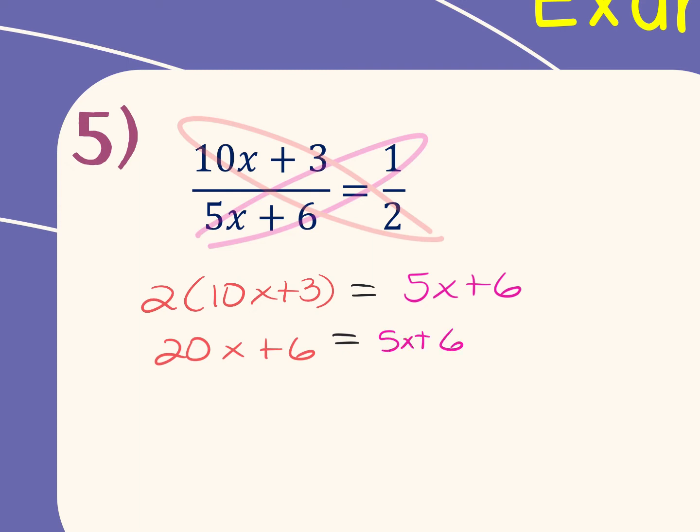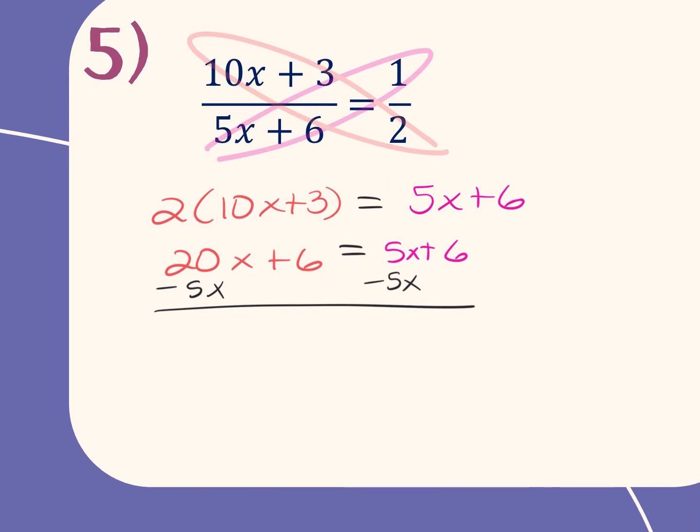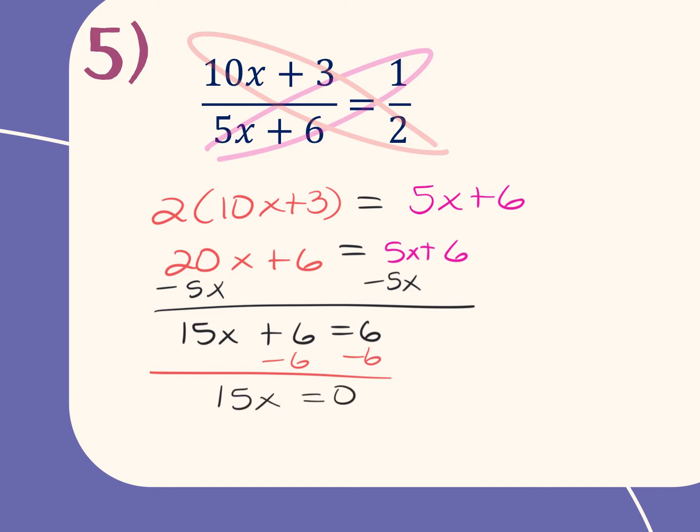I need to start to get my like terms together. So I'm going to subtract the 5x. I get 15x plus 6 equals 6. I'm going to subtract 6. I get 15x equals 0. Divide by 15, and x equals 0.